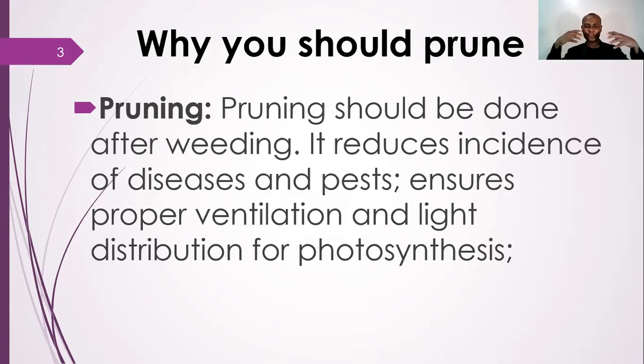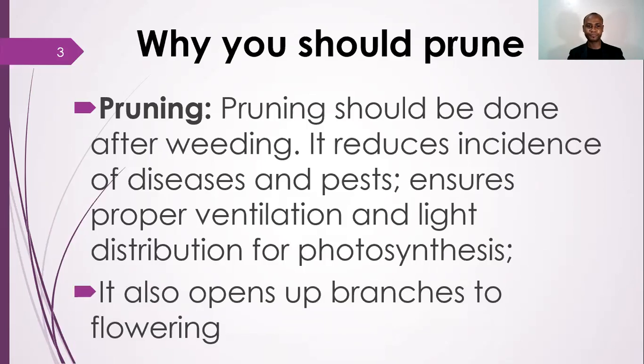If there's proper photosynthesis, then there's going to be a lot of flowering. And more flowering means more pod formation and higher yield. It also opens up the branches for flowering. So when pruning is done, flower initiation is enhanced.